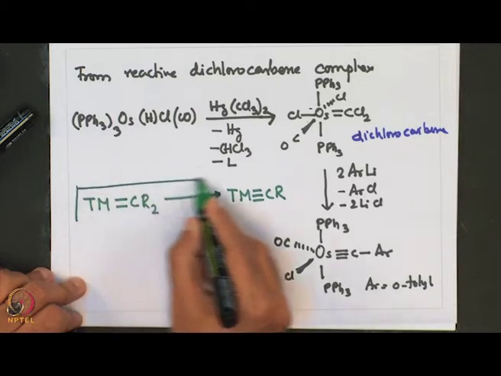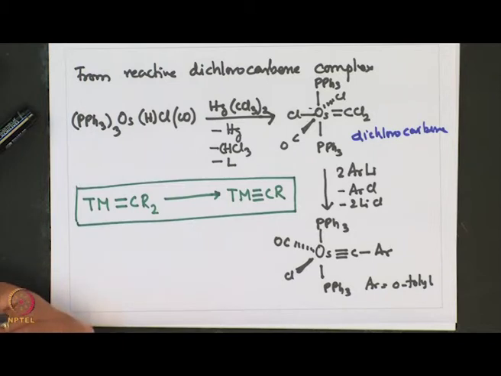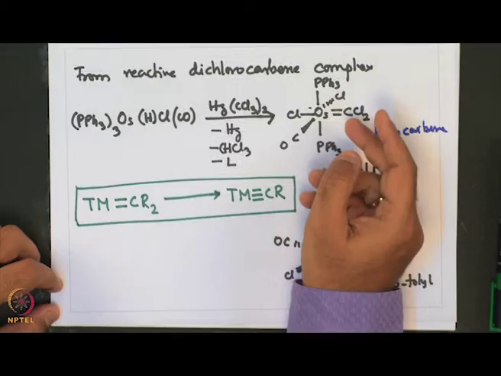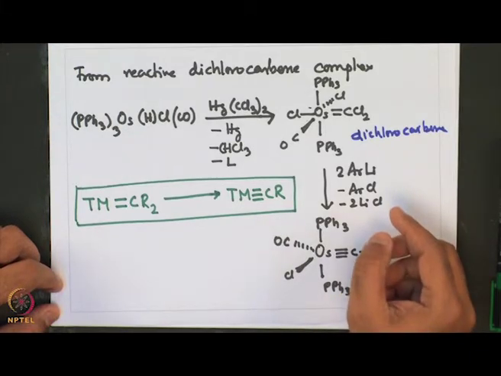So, this reaction is in tune with the other earlier examples that we have discussed at the beginning of this lecture. And this is one that acts on the highly reactive dichlorocarbene species with aryl lithium.